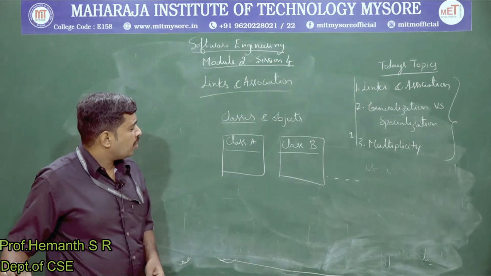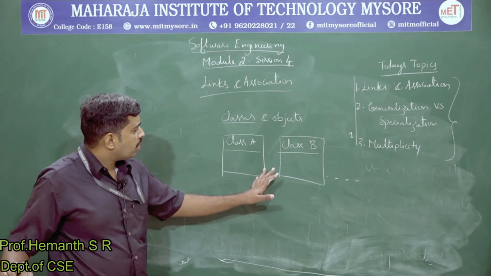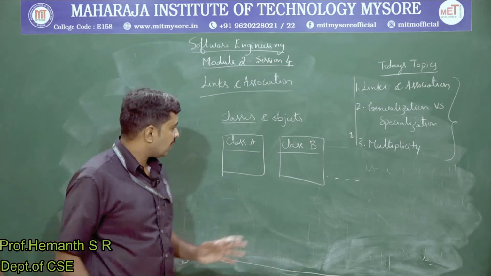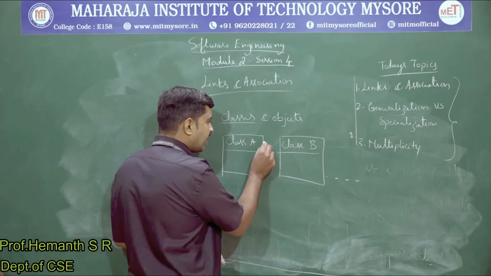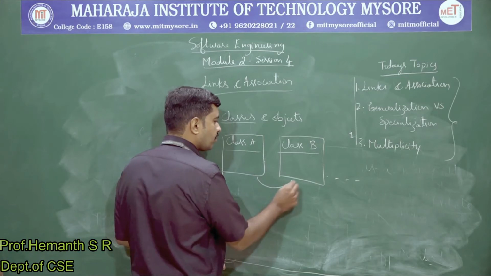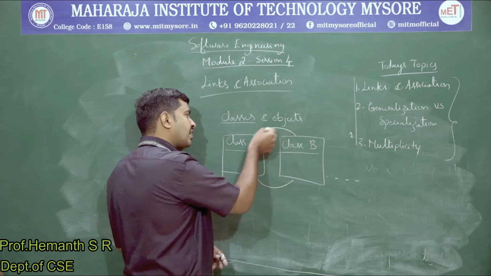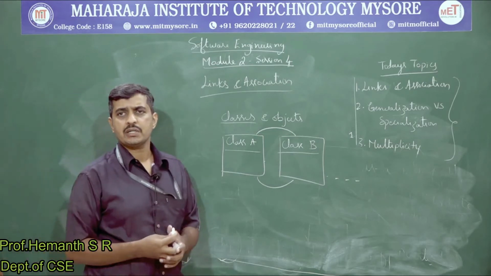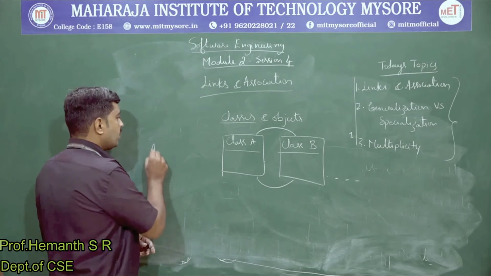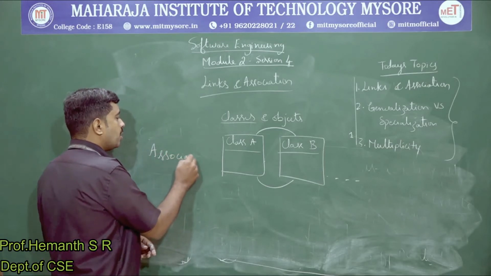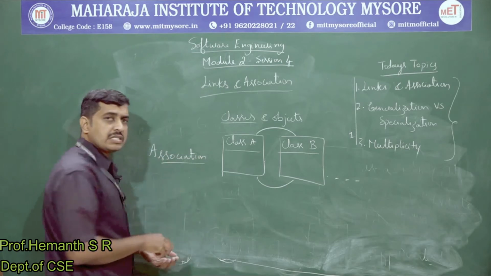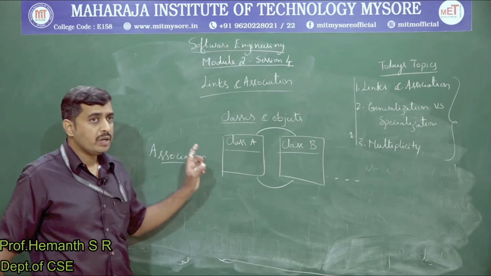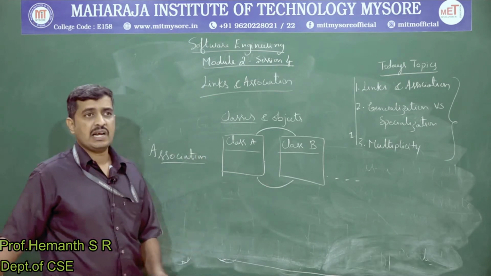Now, how are these classes related to one another? How is class A interacting with class B, and how is class B interacting with class A? How are they related, how are they communicating with each other? That is represented using what we call association. So association is how a class which is part of the design is interacting with a different class.